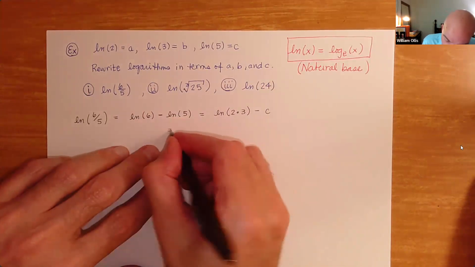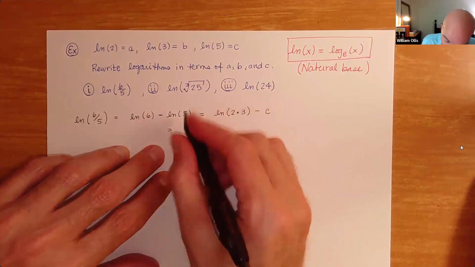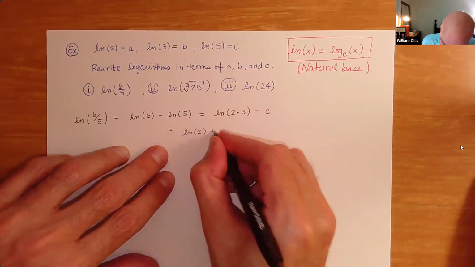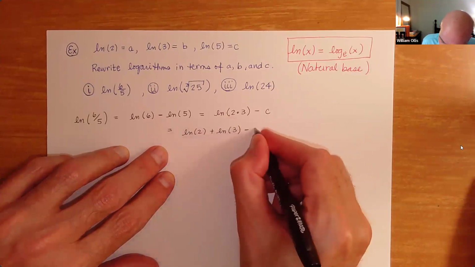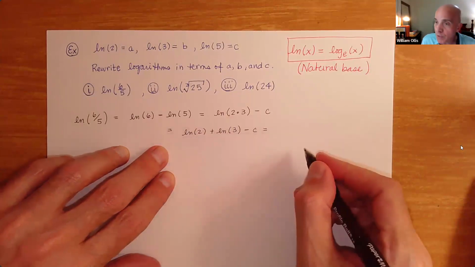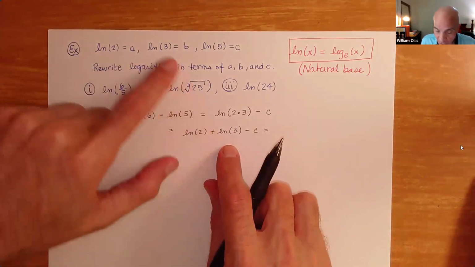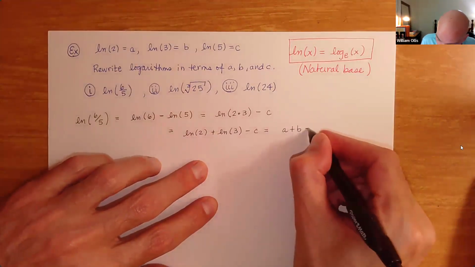And now, of course, we have the log of a product, which can be written as the sum of logs. So we have log of 2 plus log of 3. Again, these are very simple, but the simple is important because these are fundamental. And now, of course, log of 2 is a and log of 3 is b. So we get a plus b minus c.